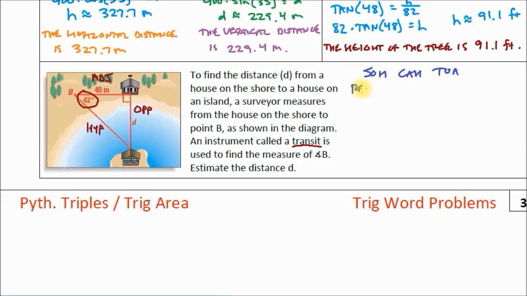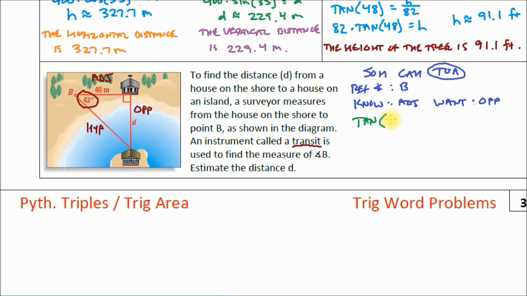Our reference angle is angle B. We know adjacent. We want letter D, which is opposite. So we're going to use adjacent and opposite. Adjacent and opposite is tangent. So our trig function is going to be tangent.